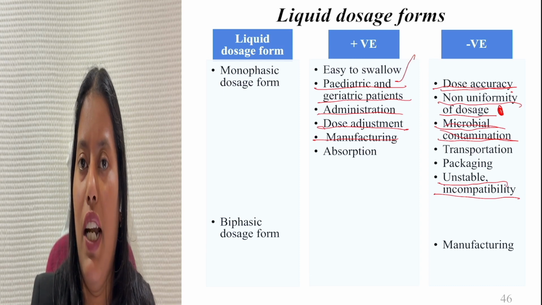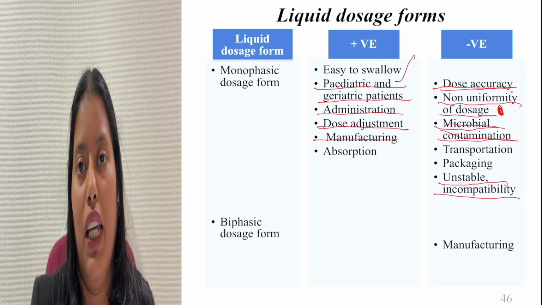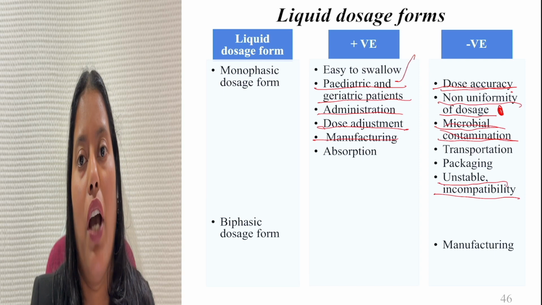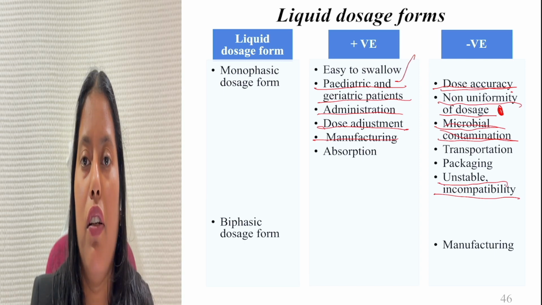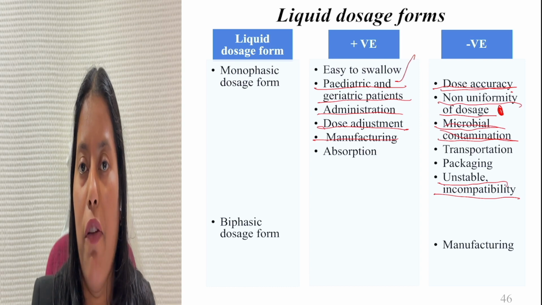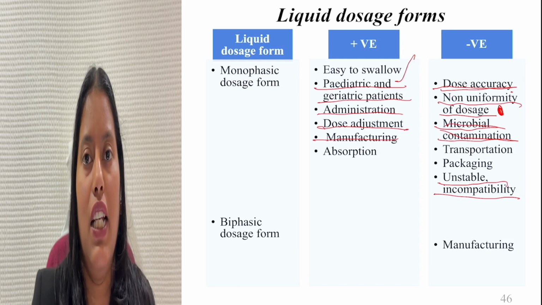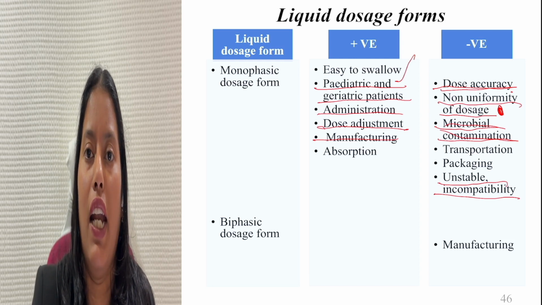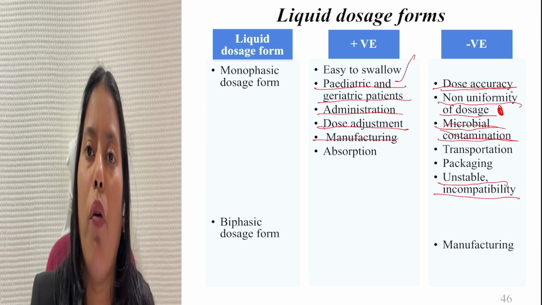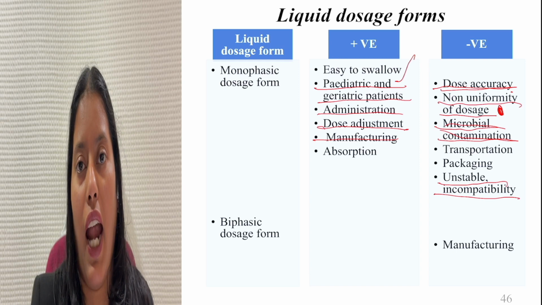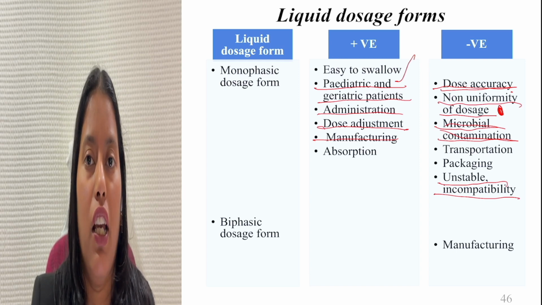You have to mix the ingredients, properly disperse them, you have heating, mixing, filtration, you have homogenization, that is the uniform mixing of whatever liquid dosage form you have prepared. So multiple steps are involved in preparation, and these steps are not easy, and hence it becomes difficult in manufacturing for some dosage forms such as biphasic, suspension, and emulsion. So these are some disadvantages related to the liquid dosage form.